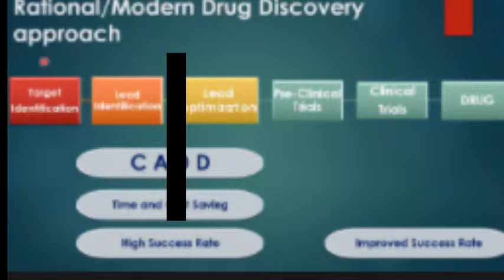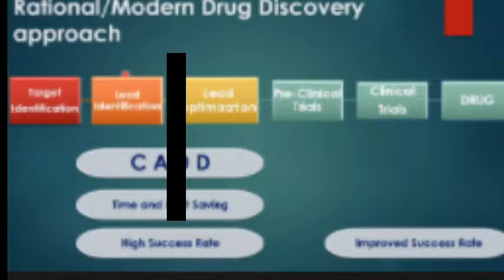Once the target is identified, then we need to identify the lead. We need to identify what new chemical compounds or existing chemical compounds can inhibit this target. This is lead identification. This can be through chemical synthesis, through screening existing natural compounds, or through Me Too drugs or repurposing.